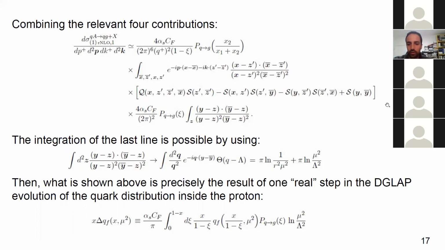This is the one real step in the DGLAP evolution of the quark distribution inside the proton. And this is exactly what we expected. So we were happy. We got some confidence in our result.